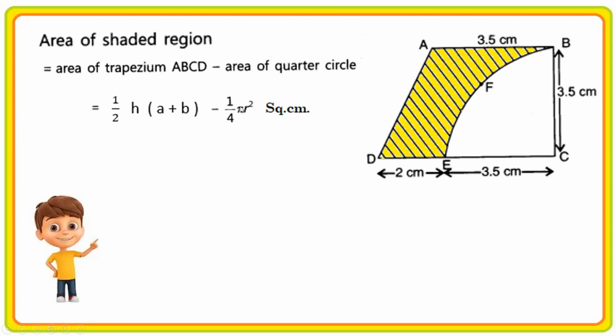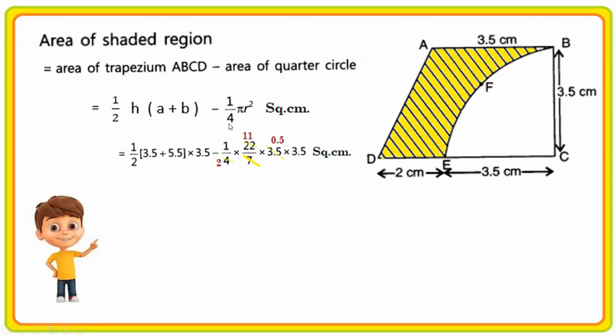Area of quarter circle is 1 by 4 pi r square. Half into h, where h is the perpendicular distance between parallel sides, that is 3.5. Here a is equal to 3.5, and b is the total length 2 plus 3.5, that is 5.5.